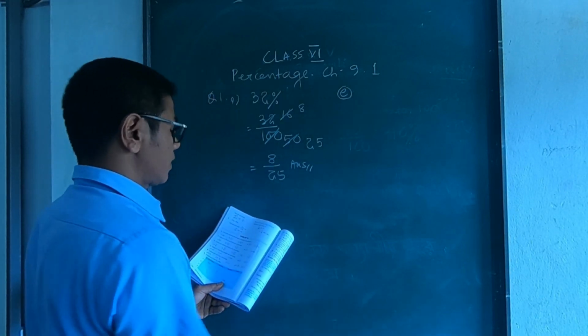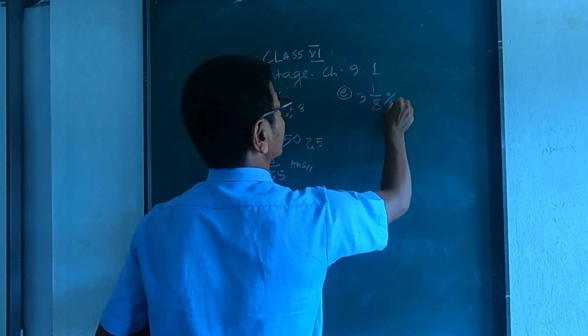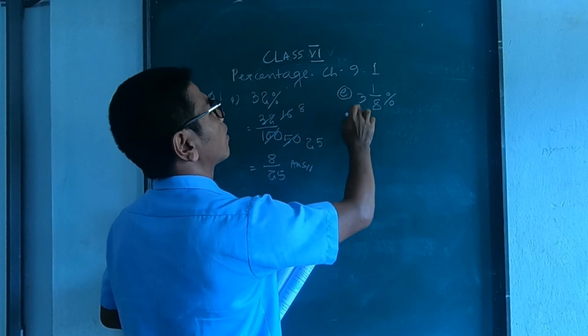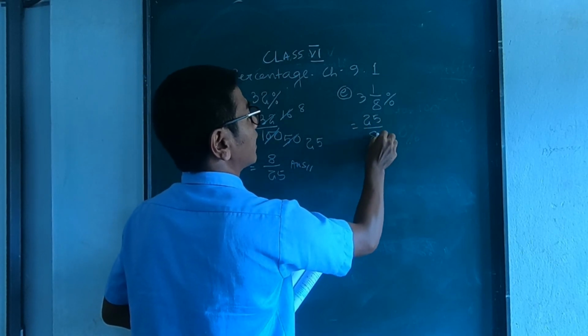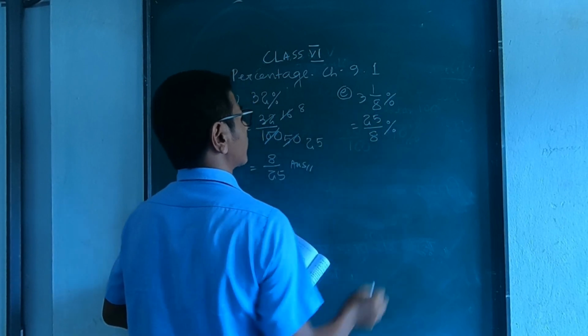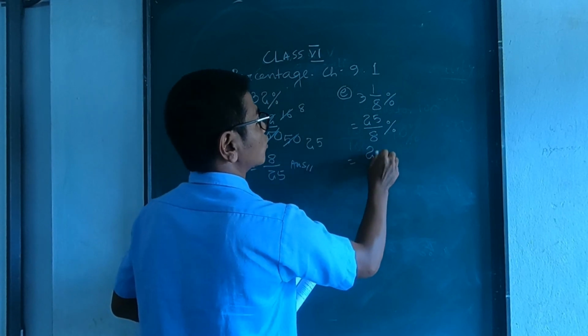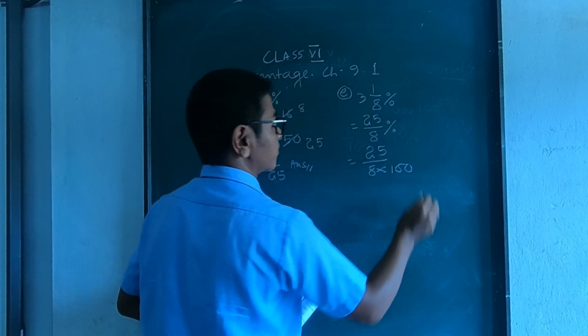Shall we try question E? Question E: 3 whole 1 by 8%. I hope you know how to calculate. 8 3s are 24 plus 1 is 25 by 8%. We represent percent by 100, so we write 25 by 8 into 1 by 100.